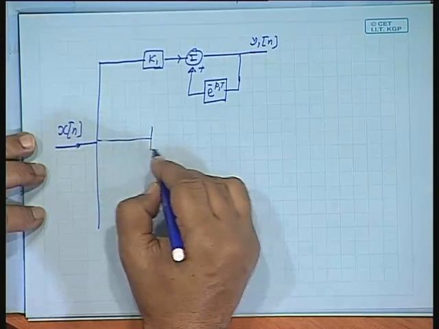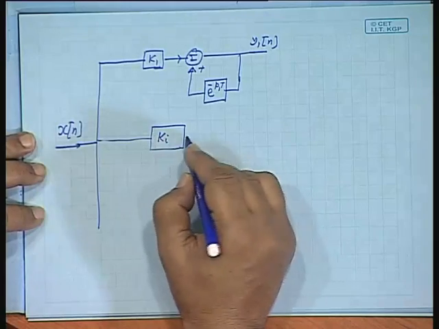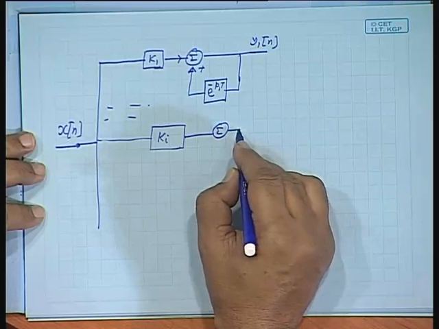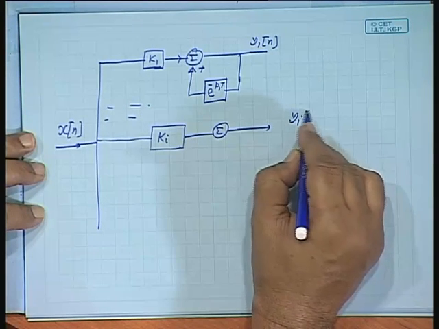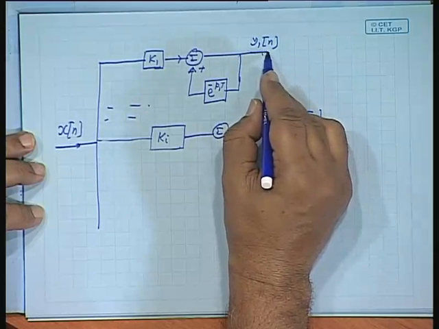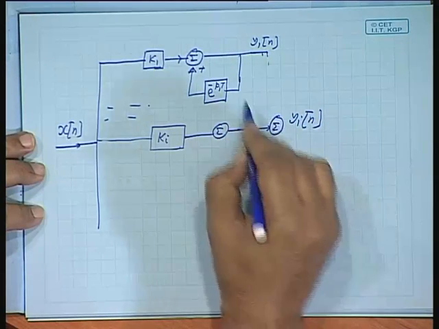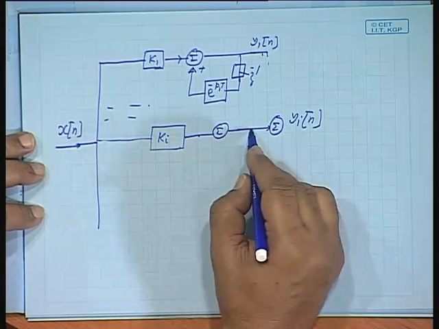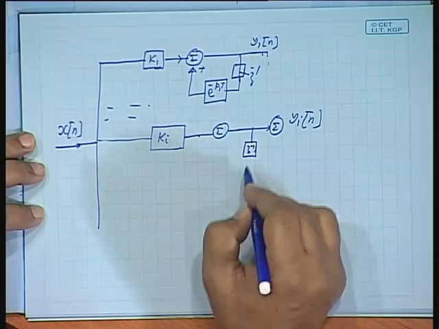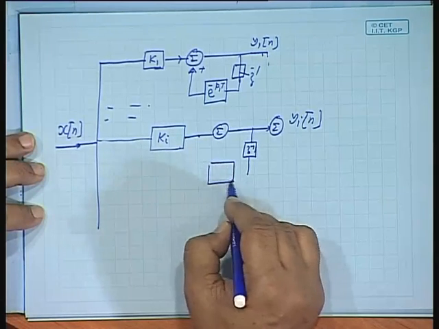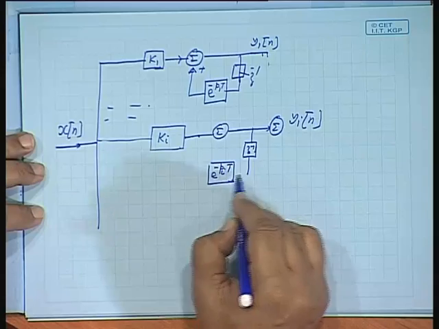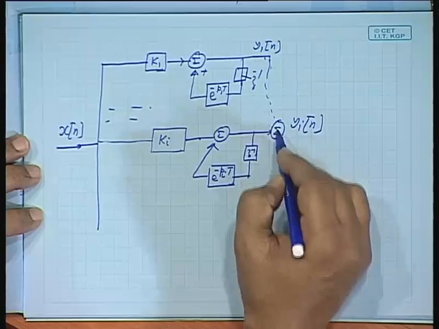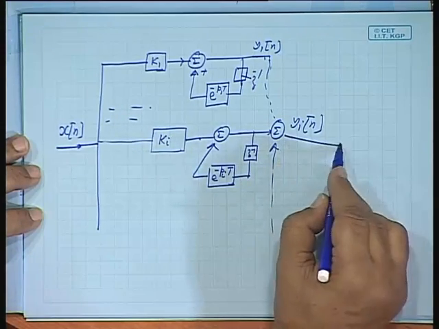Similarly Ki, I call it a general term, this is yi, and they are all added. There should be a delay here, that is good. z to the power minus 1, e to the power minus pi T, and like this. So all of them will be finally added here to give you the output y(n).